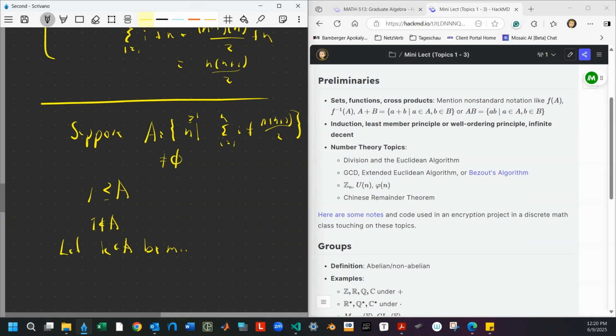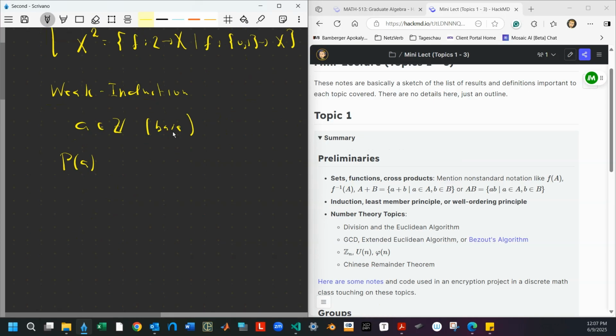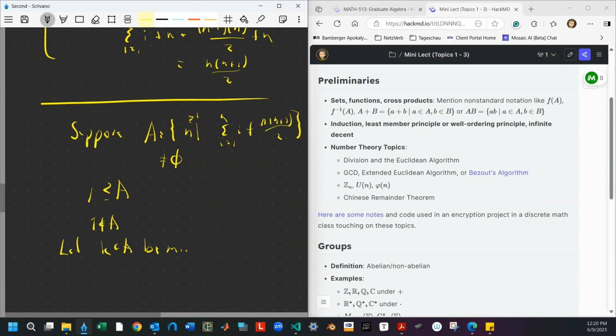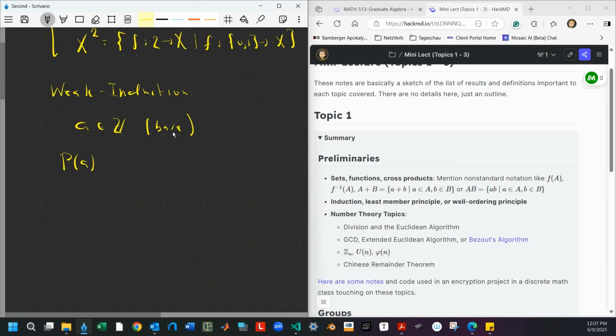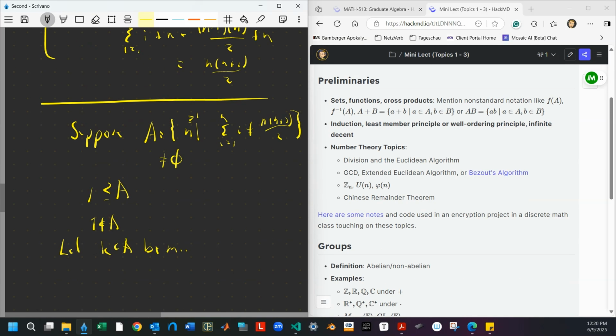I'm down to 2 minutes, so let me try to do an infinite descent. So suppose that the summation i equals 1 to n of i does not equal n times n plus 1 over 2. Well, then the summation i equals 1 to n minus 1 of i does not equal n minus 1 times n minus 1 plus 1 over 2. Because if it did, if this was an equality, we would be able to get that equality, just as before.